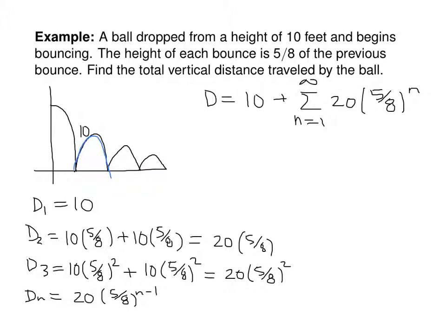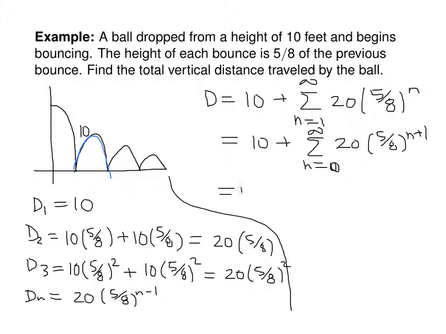And doing a renaming of our indices, we'll have 10 plus the sum from n equals 0 to infinity of 20 times 5/8 to the n plus 1. So that will be 10 plus the sum from n equals 0 to infinity, 20 times 5/8 will be 100/8, times 5/8 to the n.